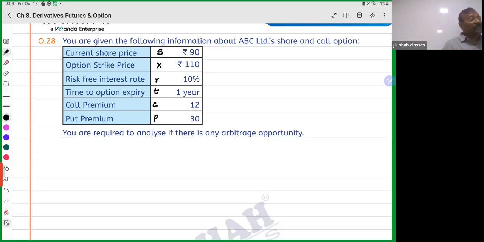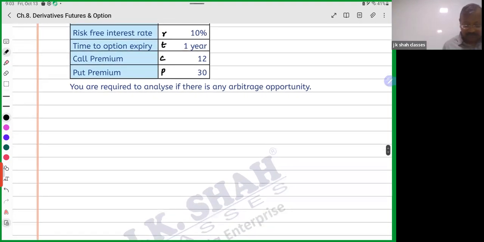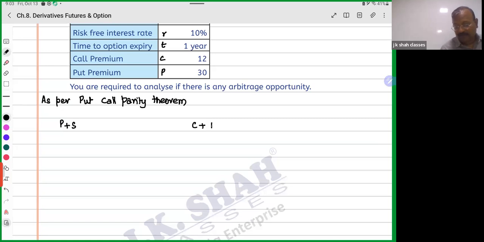Which means we will push this data into the put call parity model and see whether both sides are equal. As per the put call parity theorem, P plus S must be equal to call plus PV of X. Now, just push the data.